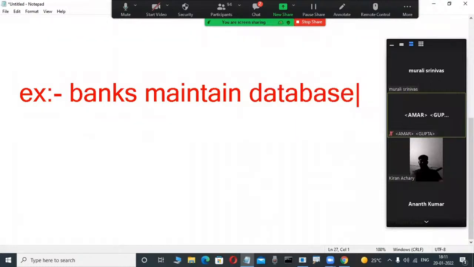Observe it here. Suppose account holders deposit some amount; you also deposit some amount.